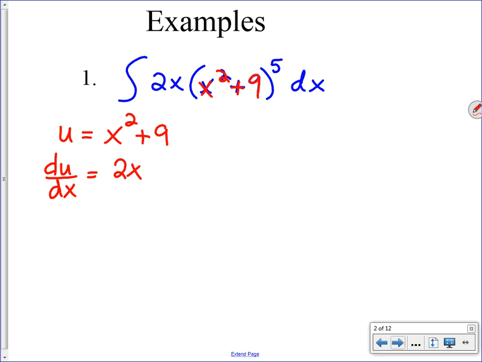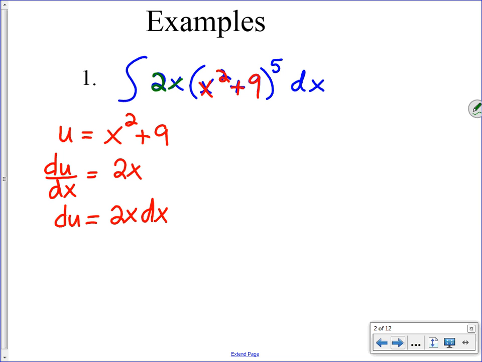Now, usually what we do at that point is multiply by dx, and write this as du equals 2x times dx. Now, if you look back to our integral, notice we have a 2x dx.